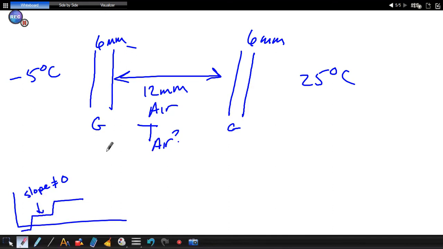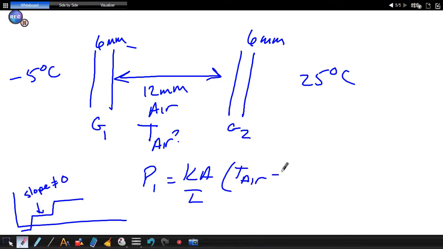The way we do that is to set up how much power is leaking through each pane of glass. If we call this glass 1 and glass 2, then power 1 is KA over L times the temperature of the air minus 5 degrees Celsius.